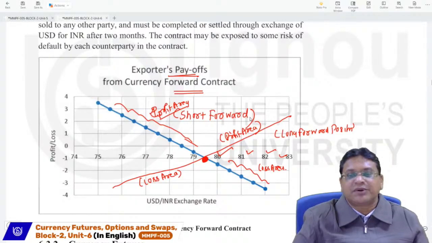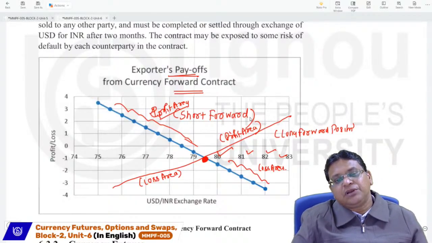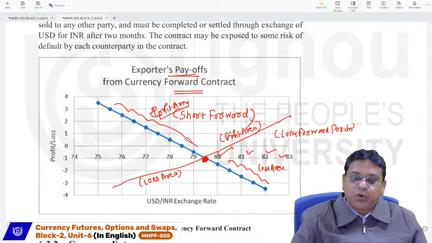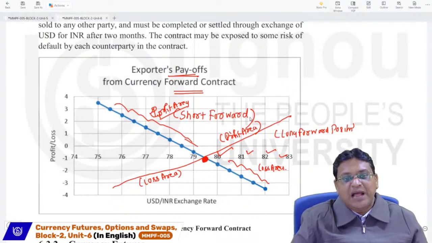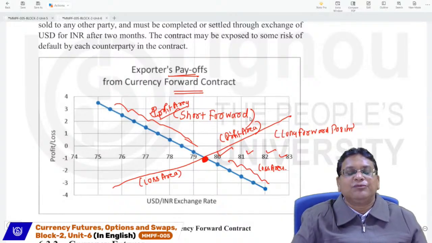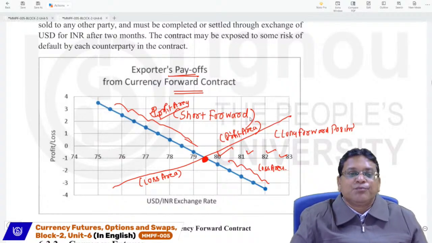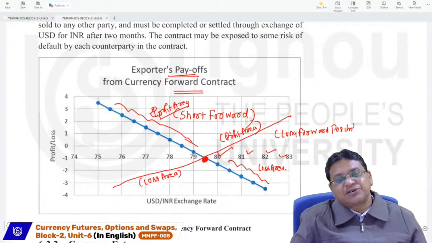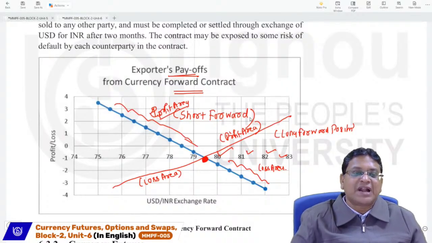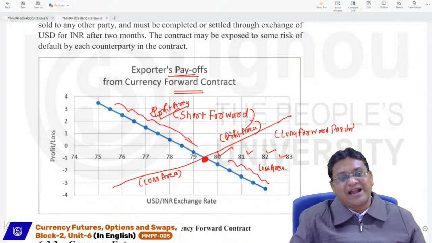The contract is between buyer and seller. If the buyer or seller defaults in that contract, that is known as default risk or counterparty risk. All forward contracts are subject to counterparty risk. Forward contracts are bilateral, customized contracts. Hence, these cannot be purchased and sold once made. Hence, forward contracts are illiquid contracts.